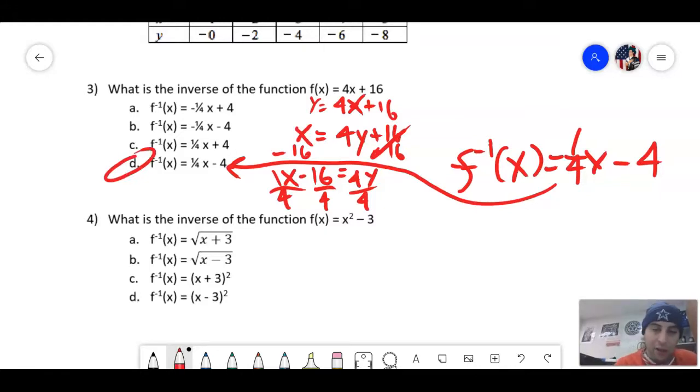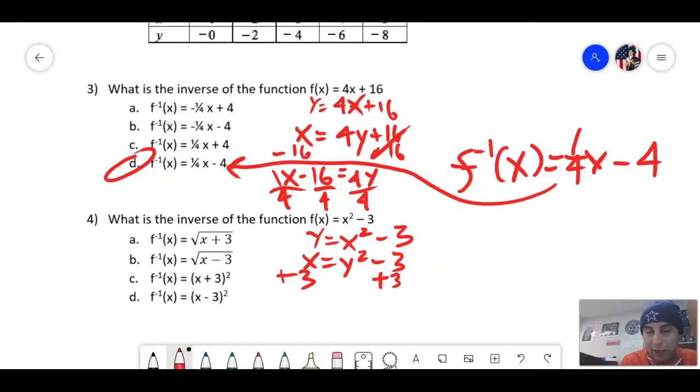What is the inverse of the function right here? Once again, this needs to be a y. Then I flip x and y. Then I have to solve for y, so I get rid of this loner, this constant, by doing the opposite, the inverse operation. X plus 3, it stays x plus 3.